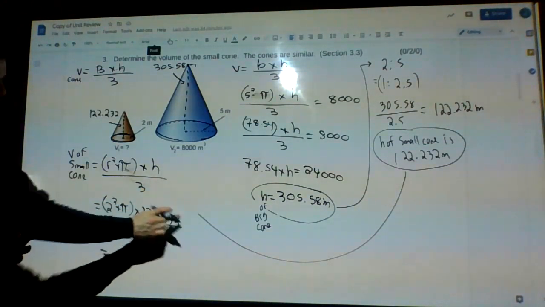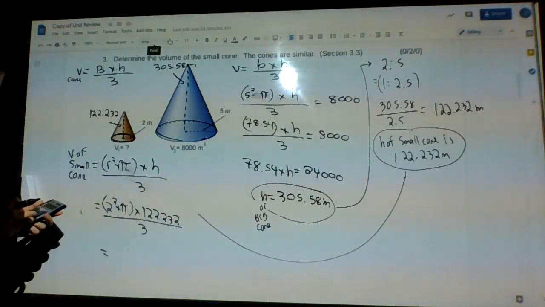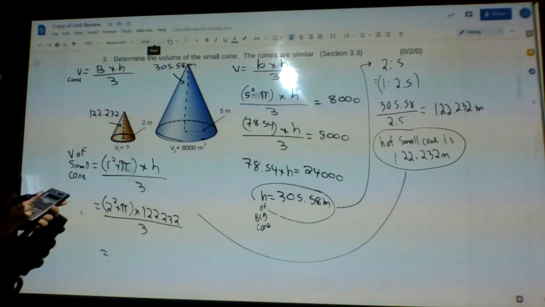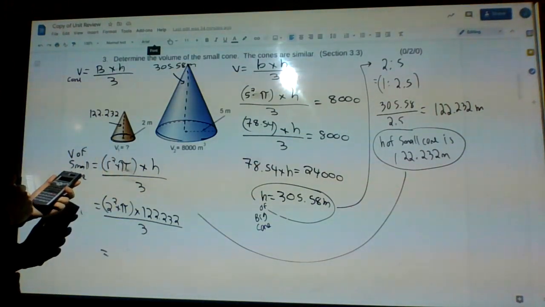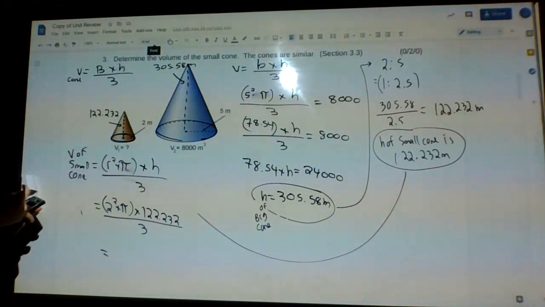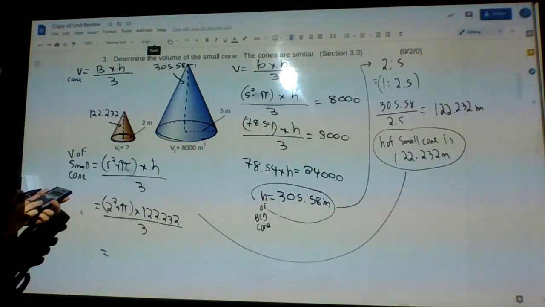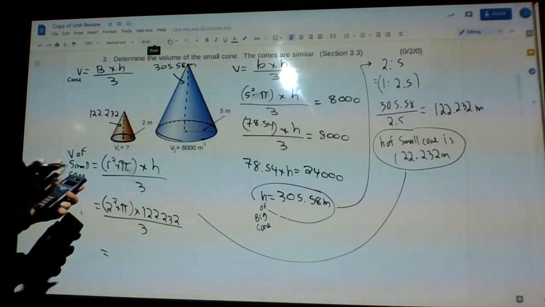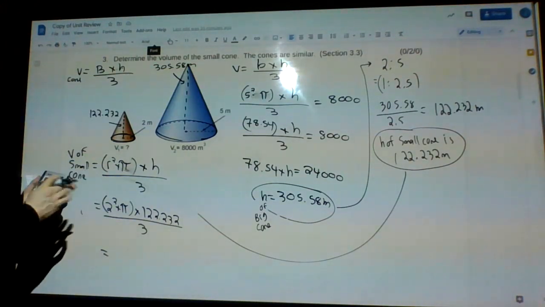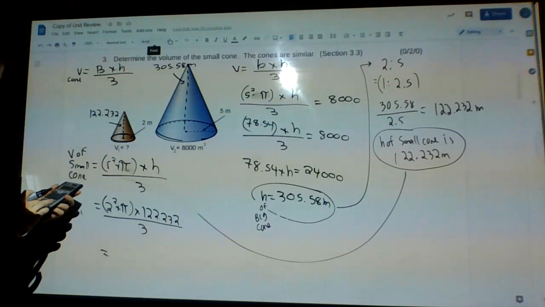So 2 times 2 is 4 times, using my pi button, the area of this circle ends up being 12.57 meters squared. I'm going to take this answer times the height, 122.232 meters, and that answer, I get 1,536.01.